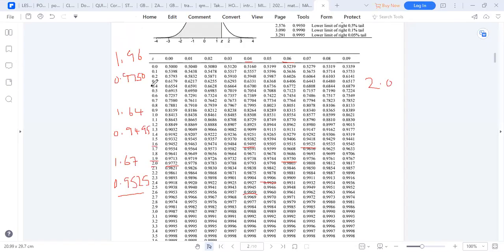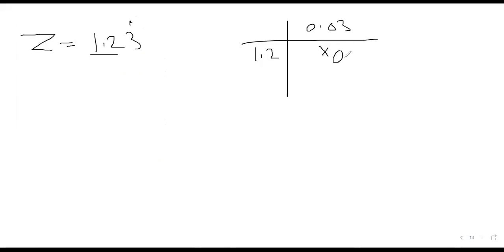Where's 1.2? It is here. Where's 0.03? It is here. Where are they intersecting? 0.8907. Can you see that? Yes. All right. 0.8907.